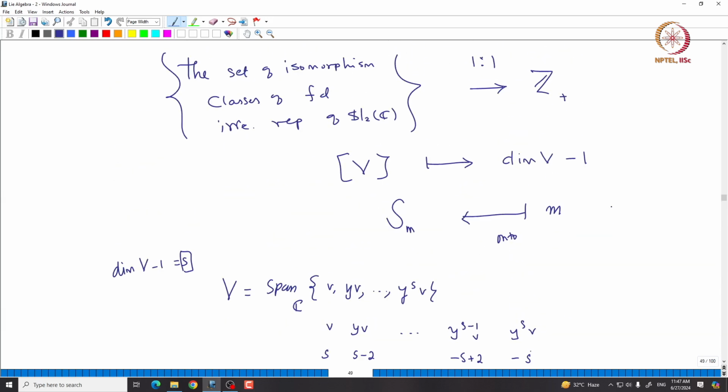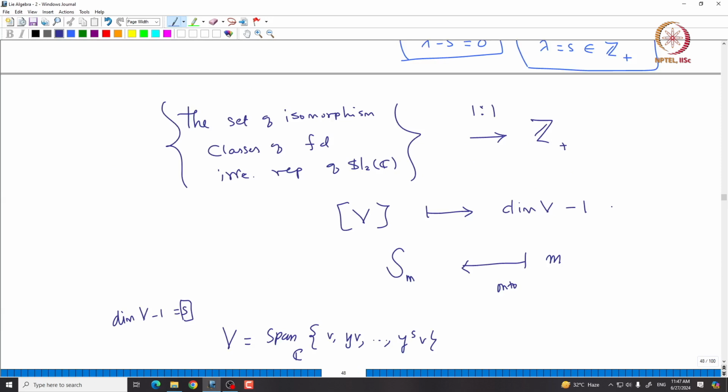So that proves that this map is indeed 1 to 1, and being onto, it gives a bijective correspondence between finite dimensional irreducible representations of sl2c up to isomorphism and the non-negative integers.